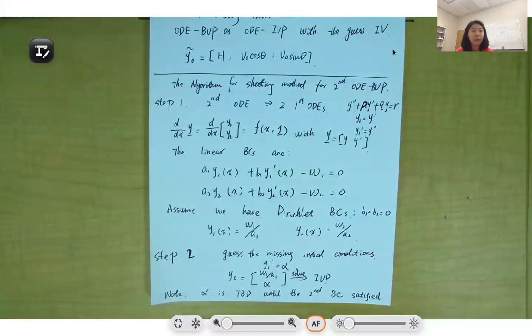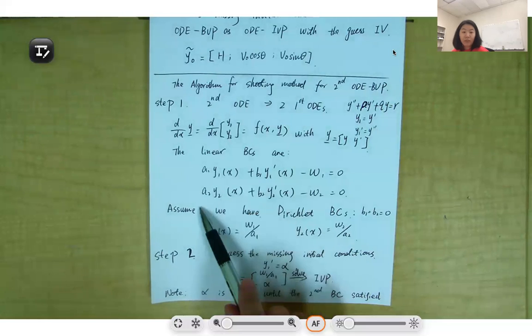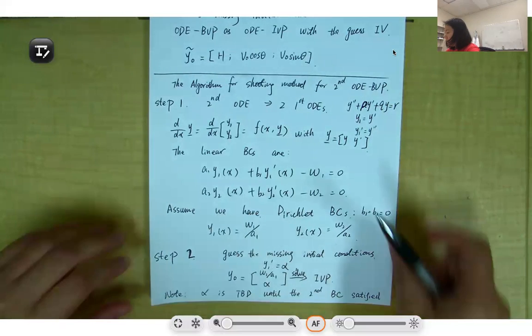Compare with whatever the problem gives you, do the error analysis, and see, okay, we need to guess another alpha. We need to guess another alpha until the second boundary condition is satisfied, okay?